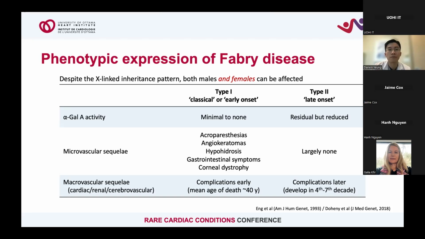Eventually, these patients develop significant macrovascular complications in the form of cardiac, renal, and cerebrovascular disease. And these patients can have a mean age of death in the order of their 40s.